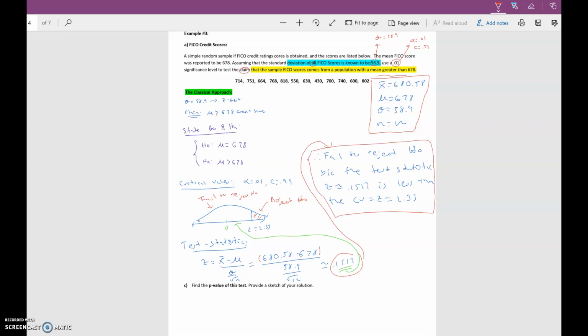In this case, we're just saying that it happens to be in the fail to reject region.